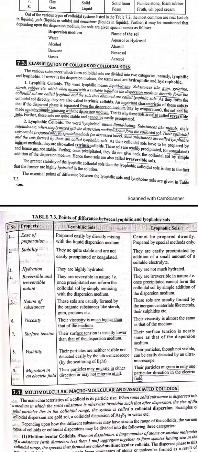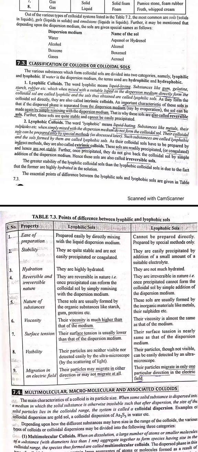Now, our next topic is lyophobic colloids. The word lyophobic means liquid hating substances like metals, their sulfides, etc., which, when simply mixed with the dispersion medium, do not form the colloidal sols. Their colloidal sols can be prepared only by special methods, as discussed later. Such substances are called lyophobic, and the sols formed by them are called lyophobic sols.